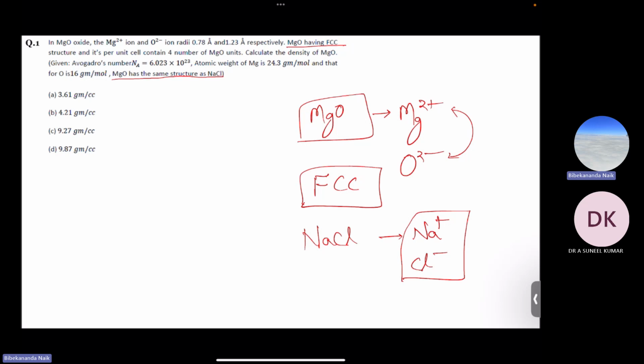We need to calculate the density of magnesium oxide, where Avogadro's number is given because the atomic weight is given per mole and 1 mole contains Avogadro's number of molecules. So we need the multiplication factor or division factor. Since we are calculating the density, we need the atomic mass; here the mass of magnesium and mass of oxygen is given. I'll give you a few minutes to try this question and then I will discuss.